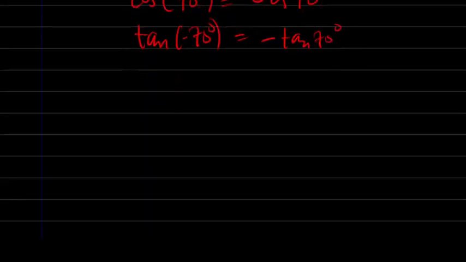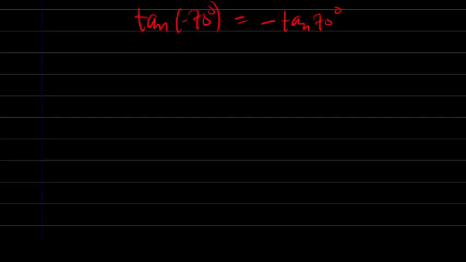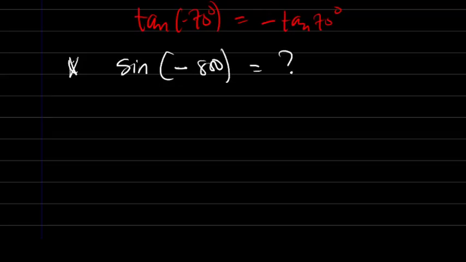Now, what if the angles we are dealing with are not acute angles? Let's say we are asked to find sine minus 800. How are we going to deal with that? That is very simple.